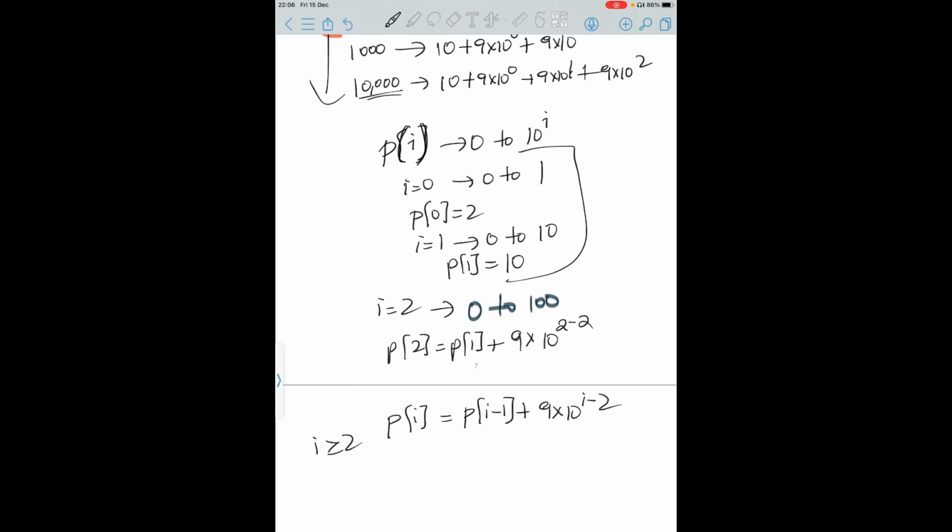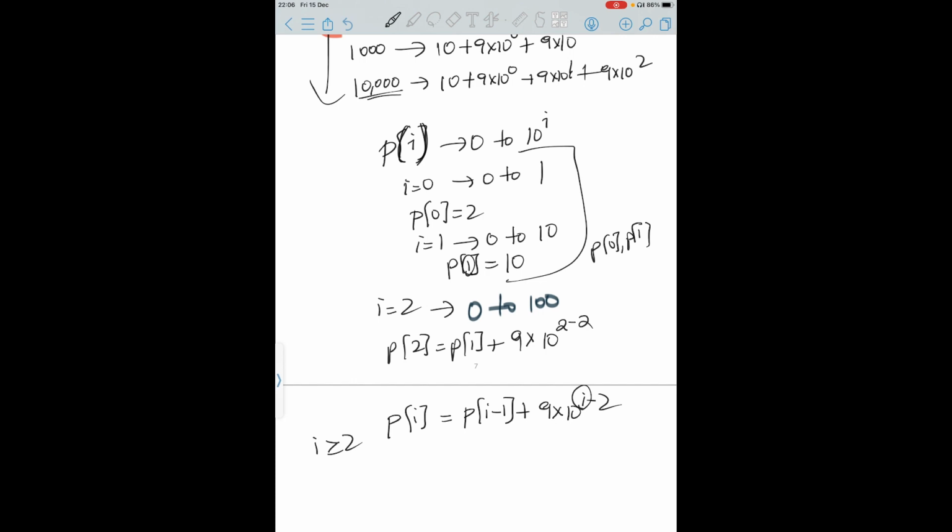Since we cannot write p of 1 directly on the basis of the recurrence relation, we kept it in the base case, since we cannot write 1 in place of i here. So p of 0 and p of 1 would be priorly filled, and we put them as base cases.